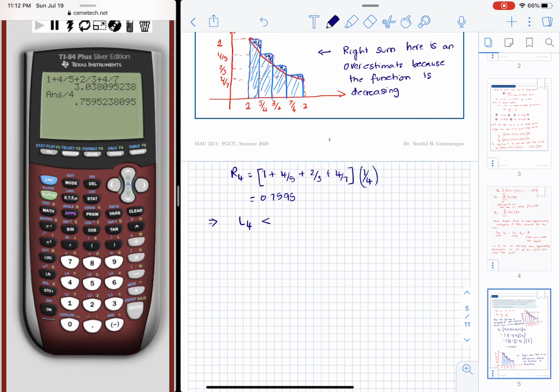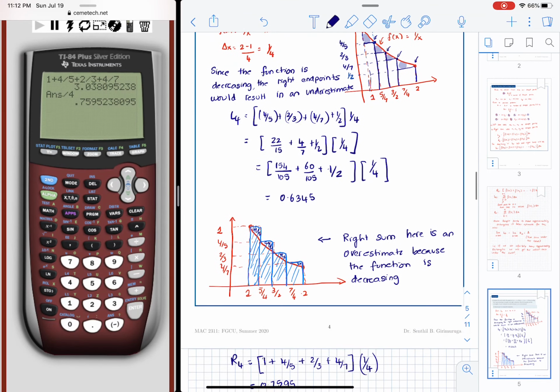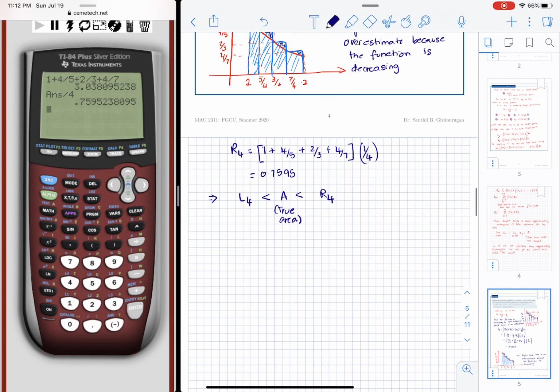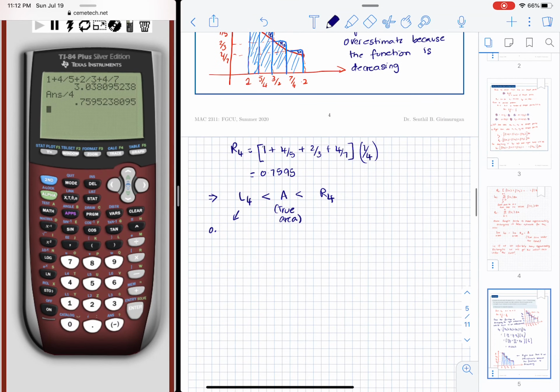So clearly L4, R4, the true area. L4 happens to be 0.6345, and R4 happens to be 0.7595.